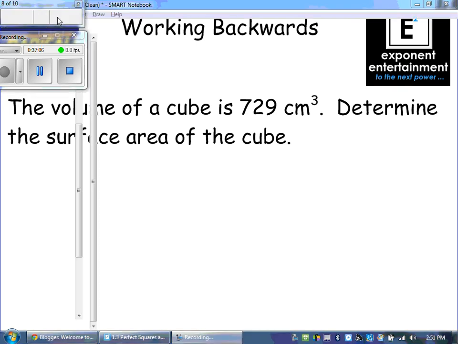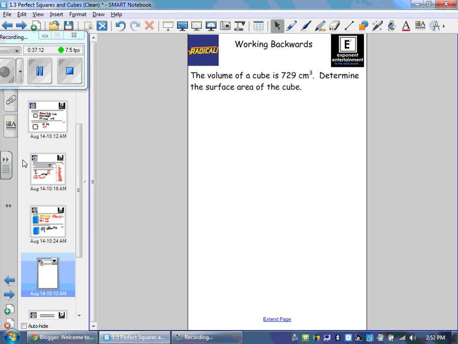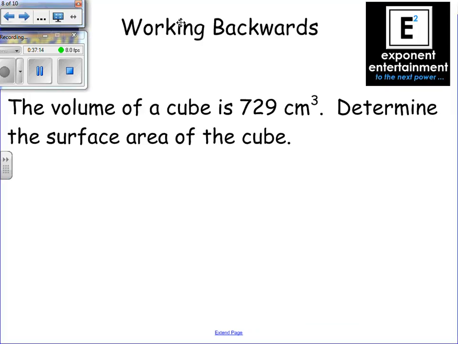Carter. Length times width, so you need to know the side length before you can do anything. Somebody else, how do you solve the side length? Emma. Cube root 729. Because all side lengths are equal on a cube.